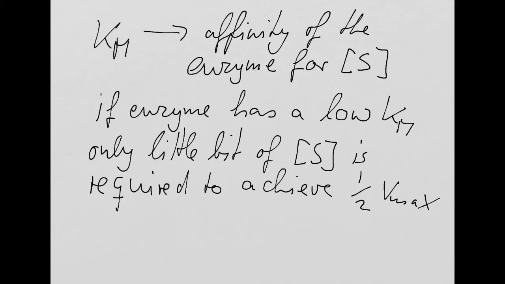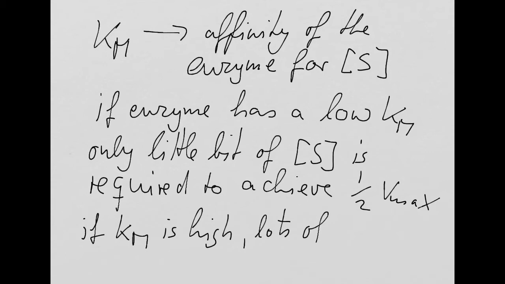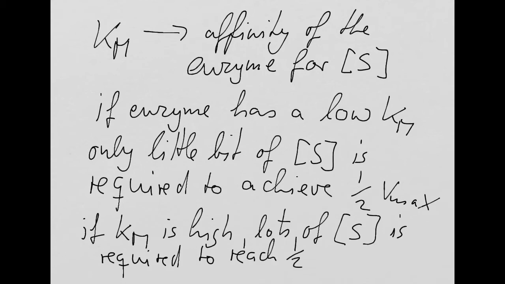But if the Km is high, it means I need lots of substrate in order to get the thing going, to reach half of Vmax. Lots of S is required to reach half of Vmax.